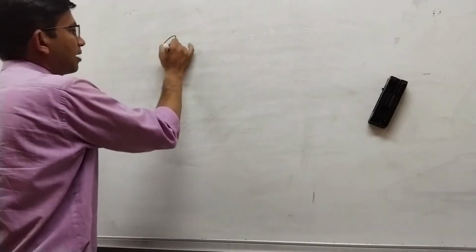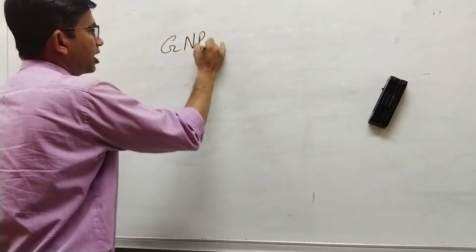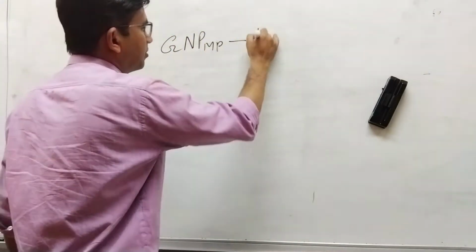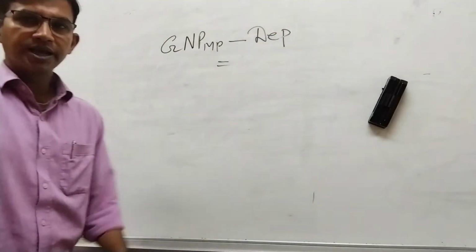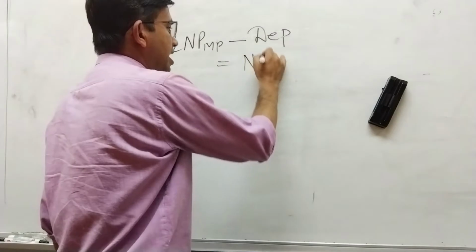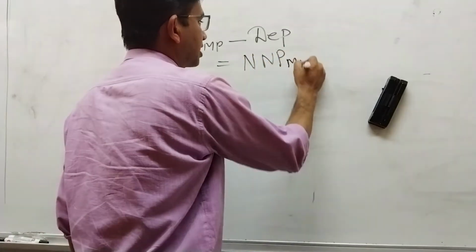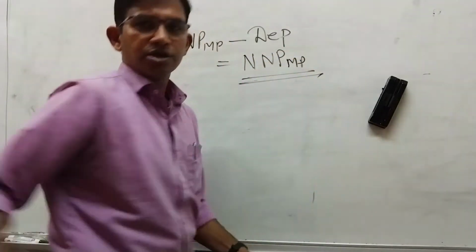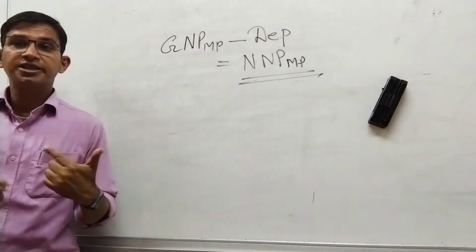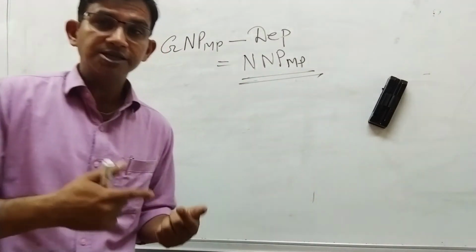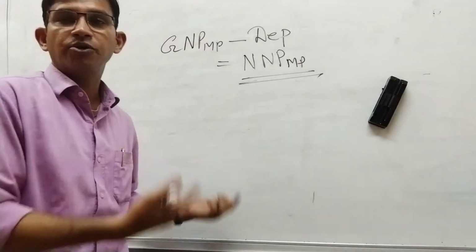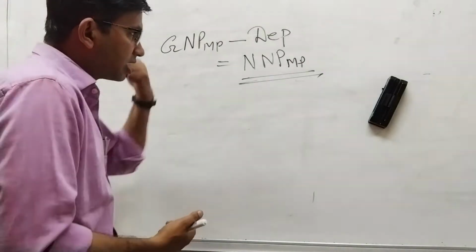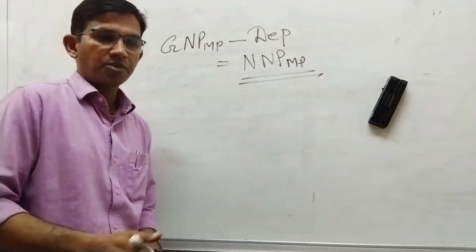So first we take gross national product at market prices minus the depreciation value, and we will get the net national product at market prices. So in the market price, we measure the net value of goods and services produced by the domestically owned factors of production. This is called net national product at market price.